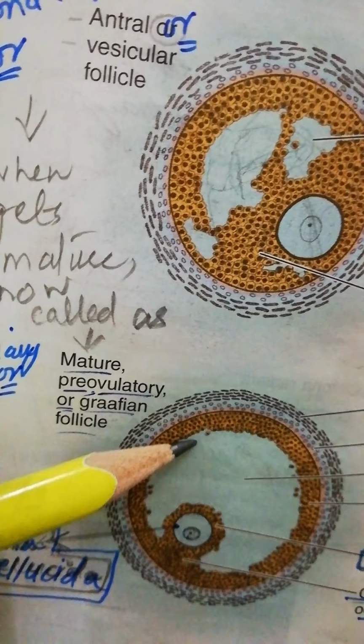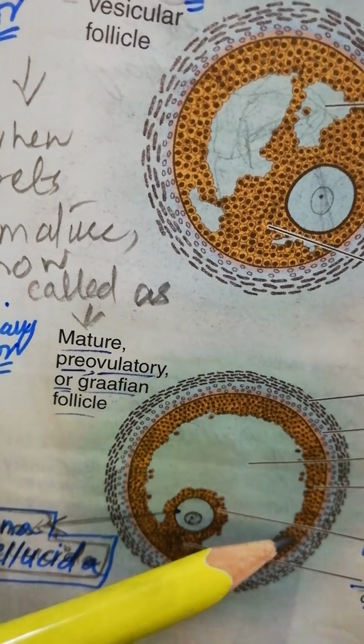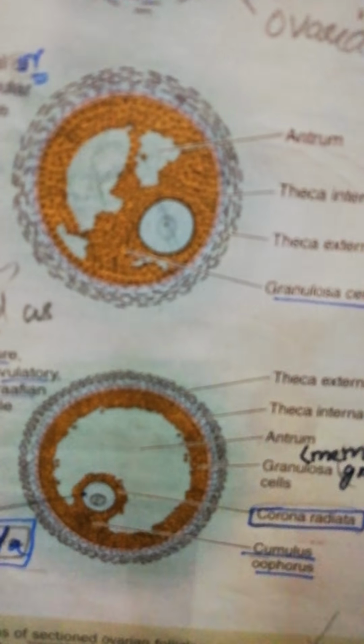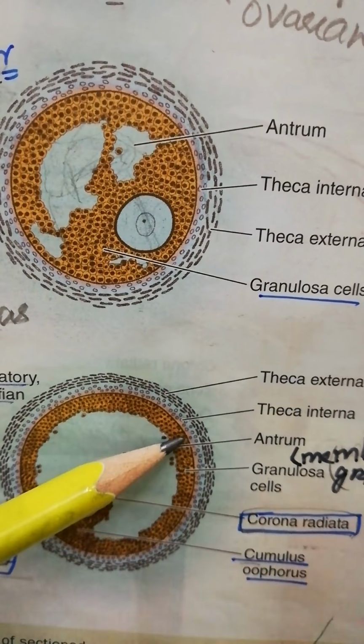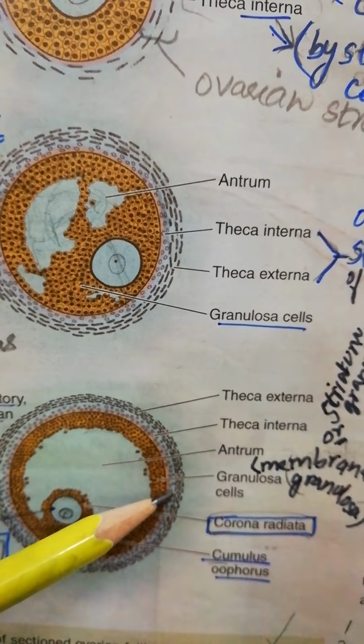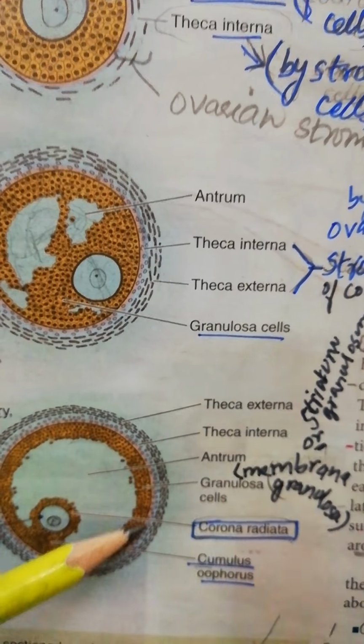So see the granulosa cells that are lining themselves along the inner side of the cavity. You will see them as a layer. You call it the granulosa cells, and they are forming the membrana granulosa.